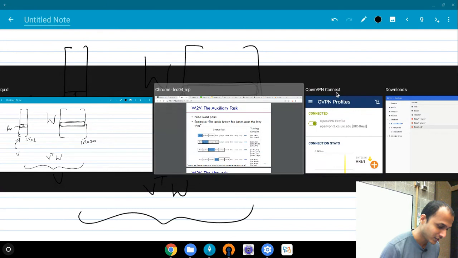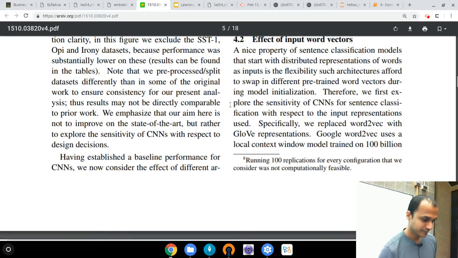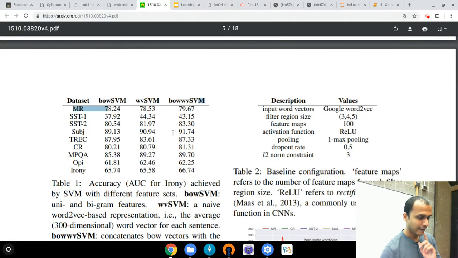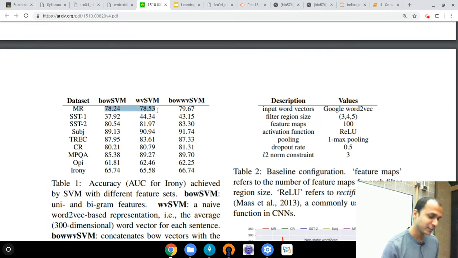Here you can see bag of words SVM, and then word vectors SVM. For the first one you don't see much improvement, but for the second corpus you see a huge improvement. You see improvements in general the moment you replace bag of words with word vectors. And if you use both, they're claiming you can get maybe even a little bit more improvement.